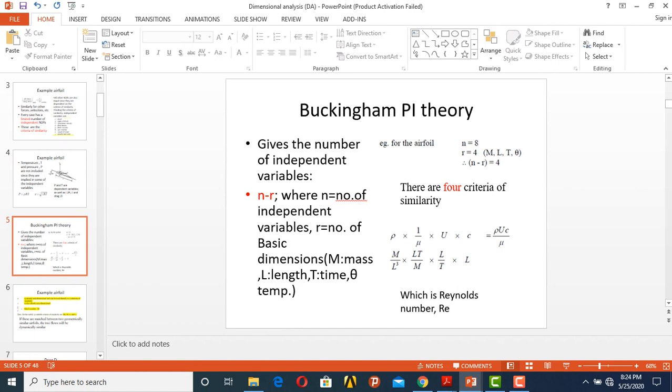So as we'll be merging the variables to come up with these dimensionless ratios, we need to have these basic dimensions, which is mass represented by M, length represented by L, and then time represented by T. In certain cases, we'll also use temperature, which is represented by theta.